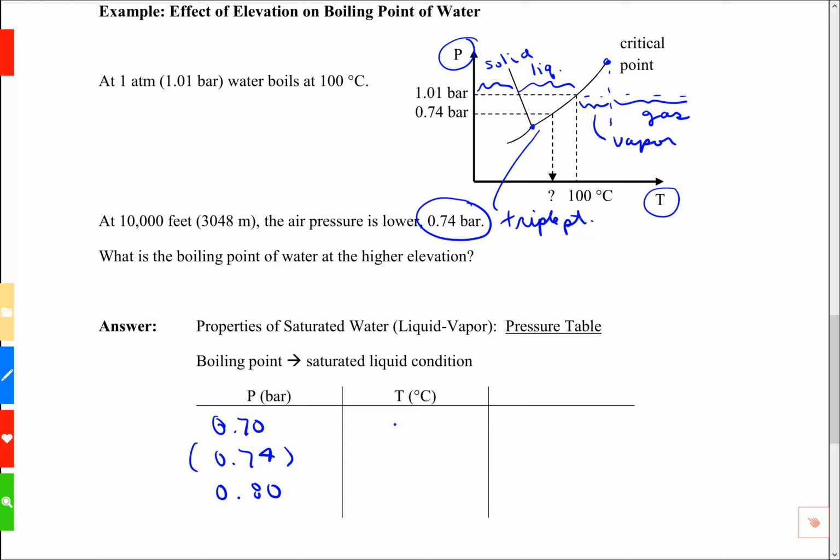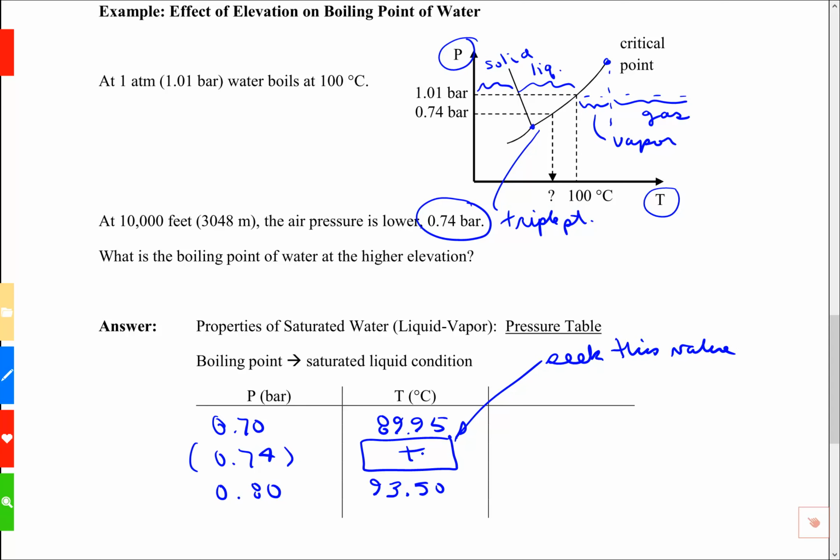At 0.70 bar, the temperature is 89.95, and at 0.8 bar, the value is 93.5. And the value we're looking for is here. So I could put an unknown T.